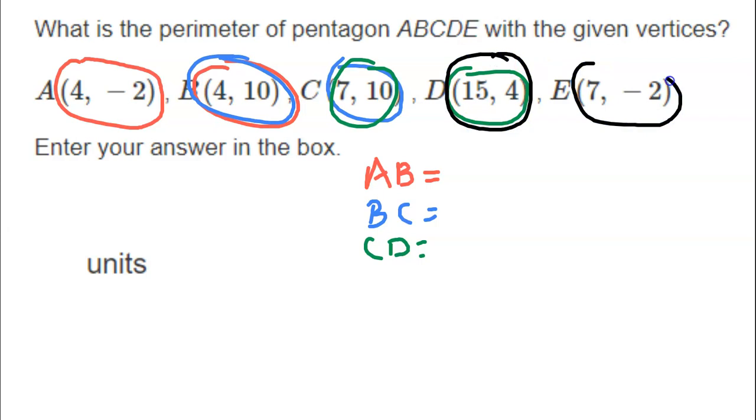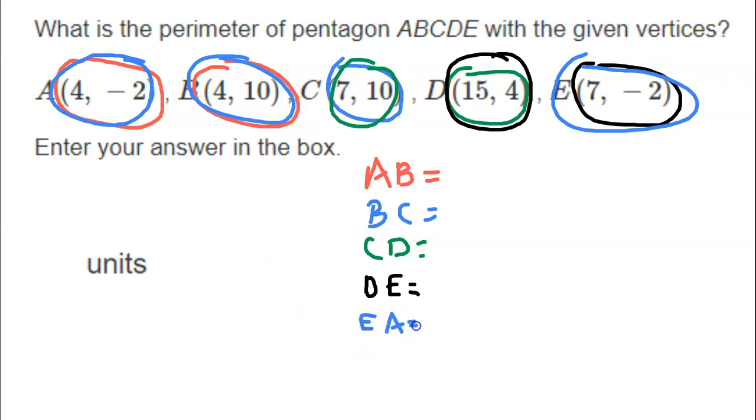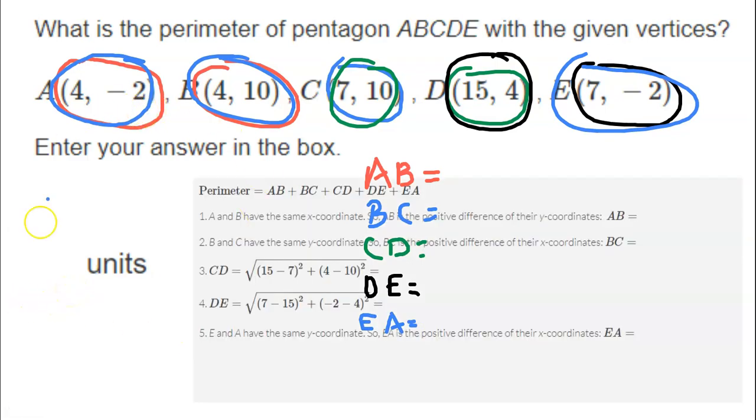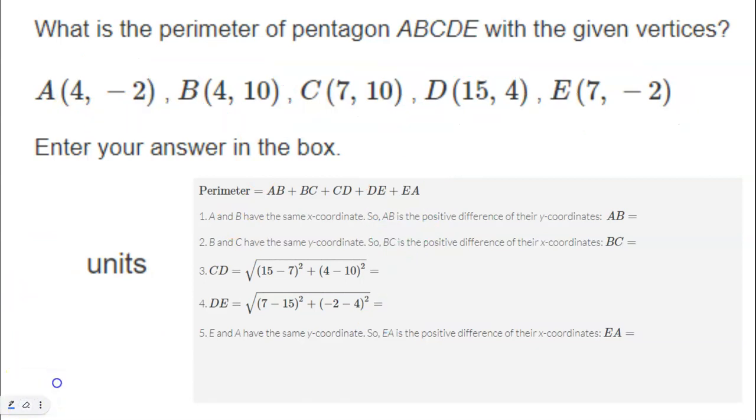Number 1 and number 2 of DE. Are you like, oh, wait, how's she going to get the 5th side? Well, I'm going to circle back around and let's use blue and use EA to give us our 5th side. Take a snippet of this if you need to.